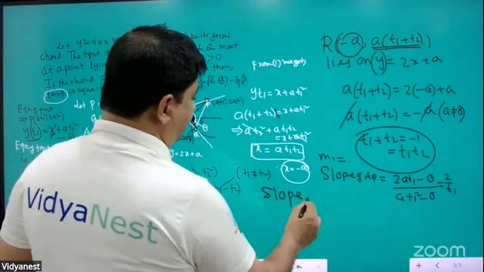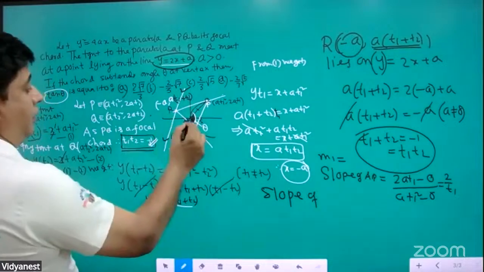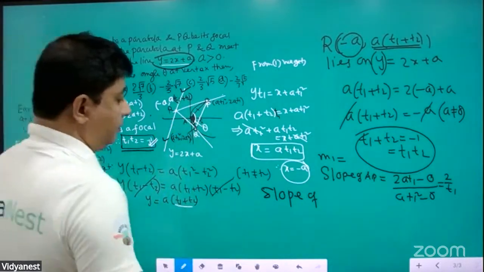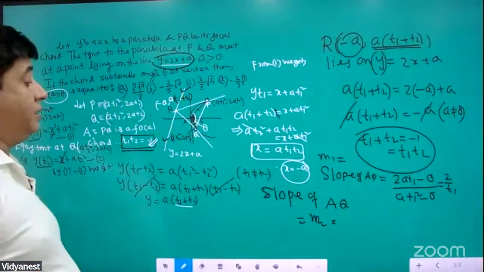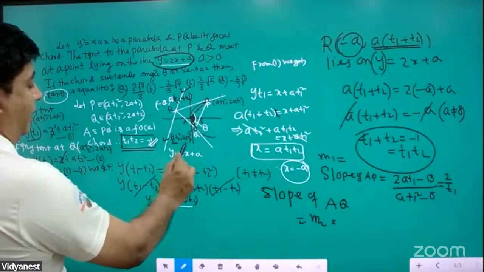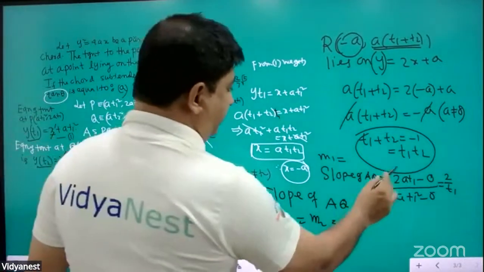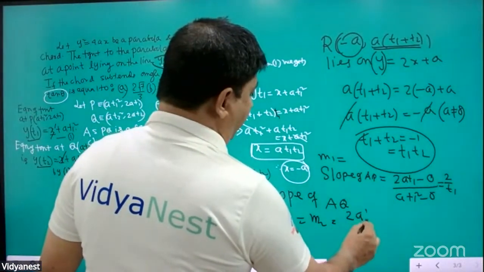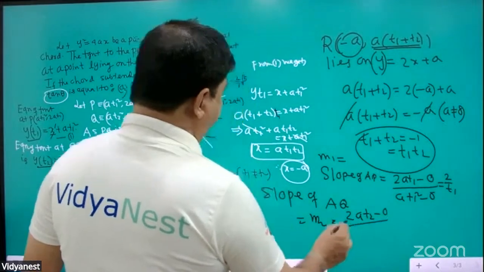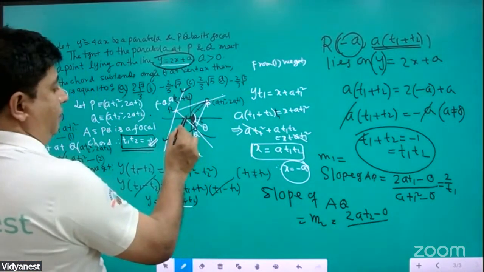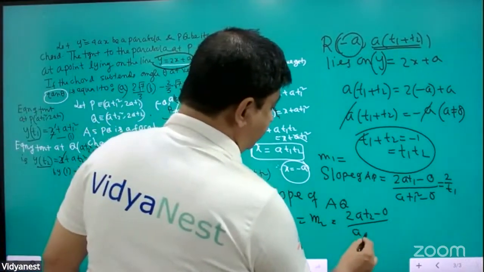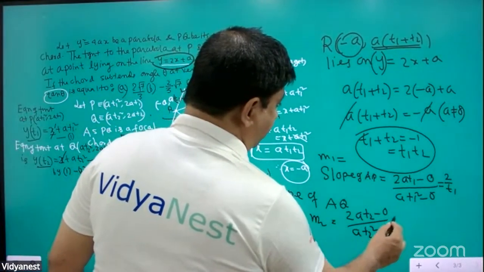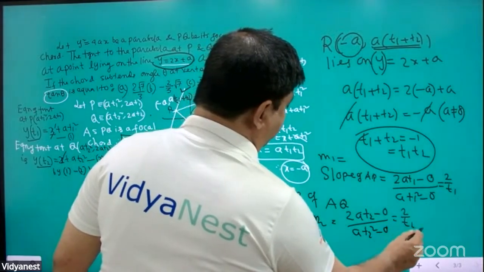Now the slope of AQ, that is M2. Q was what? (at2², 2at2), minus 0, because the angle is subtended at the vertex, that is (0, 0). That is 2 by t2, that is M2.